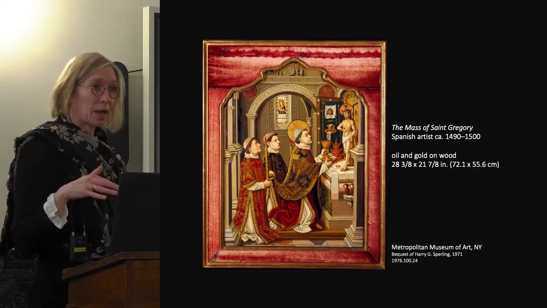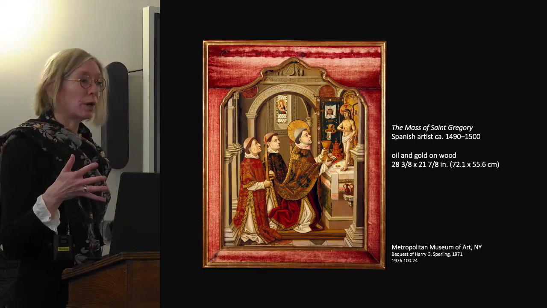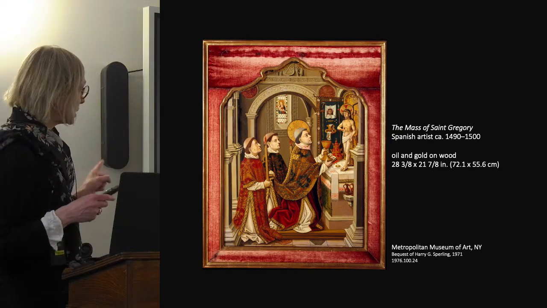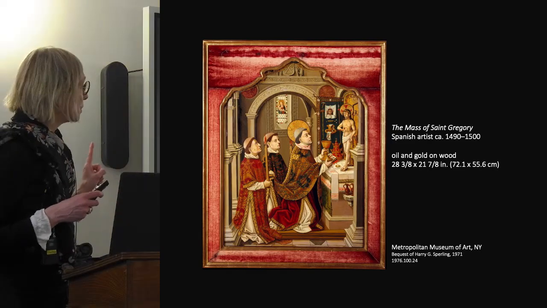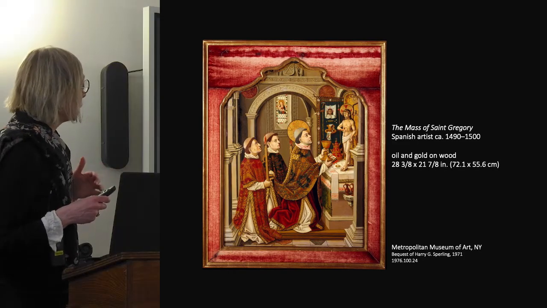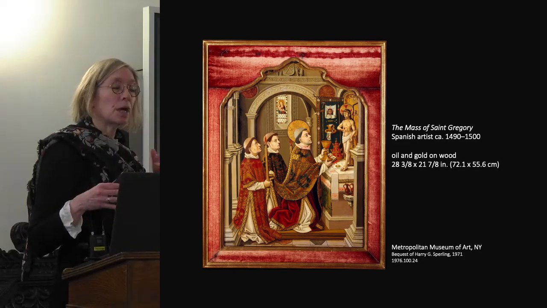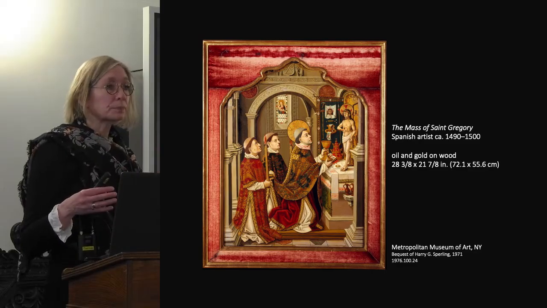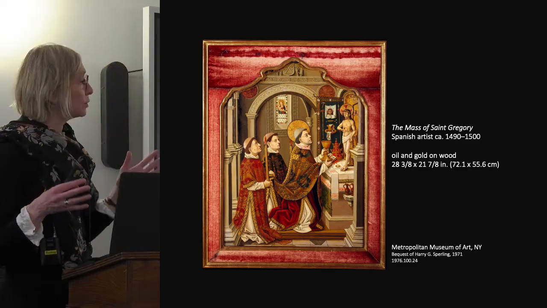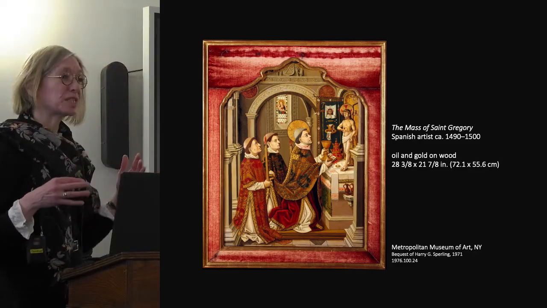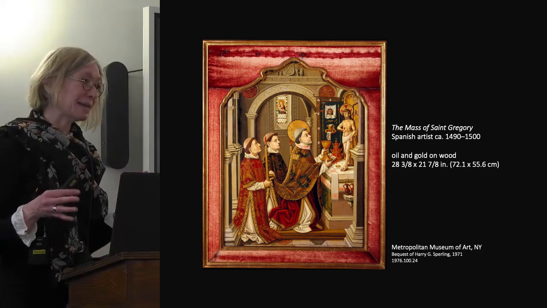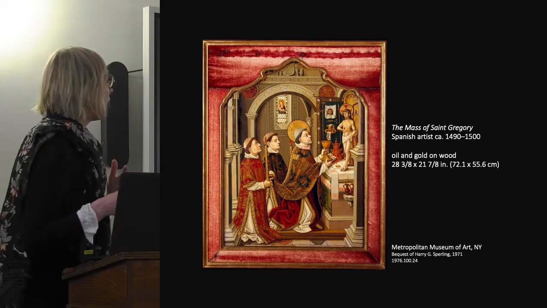The last time that I was here, and some of you were at that talk, I spoke about this painting, which is in the Metropolitan Museum collection, of the so-called legend of the Mass of Gregory. And I'm not going, again, perhaps for the sake of time, to test you if you remember anything about this legend.